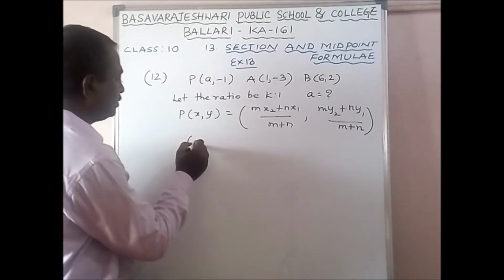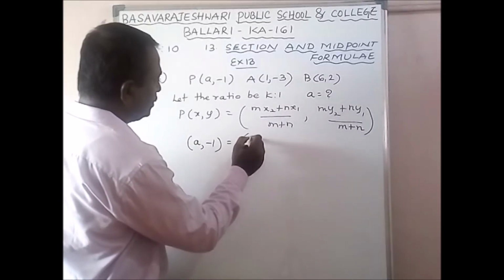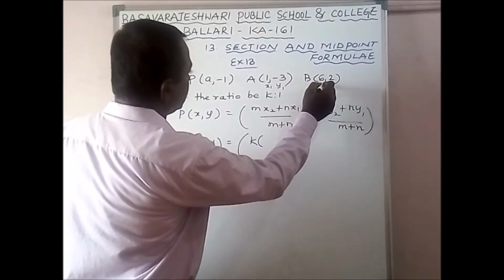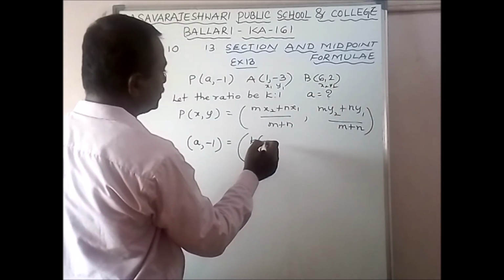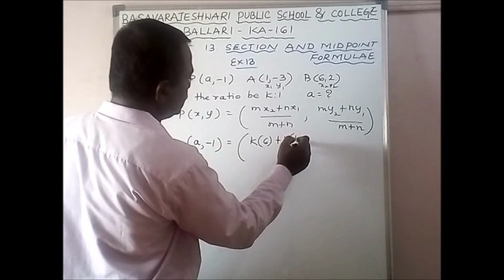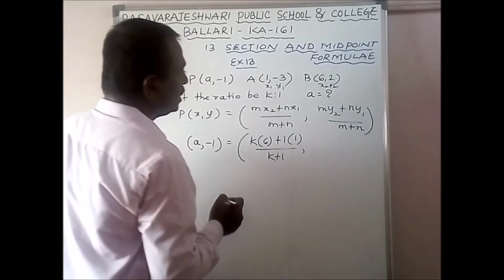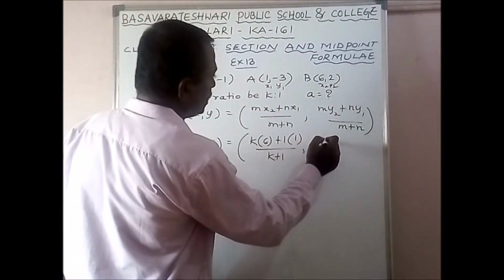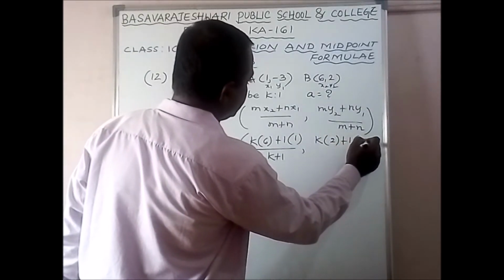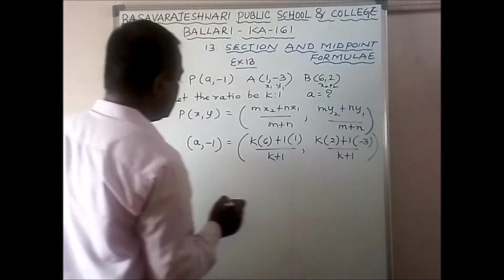So (a, -1) is equal to: m means k, x2 means 6, plus n means 1, x1 means 1, by k plus 1. m means k, y2 means 2, plus n means 1, y1 means -3, by k plus 1.